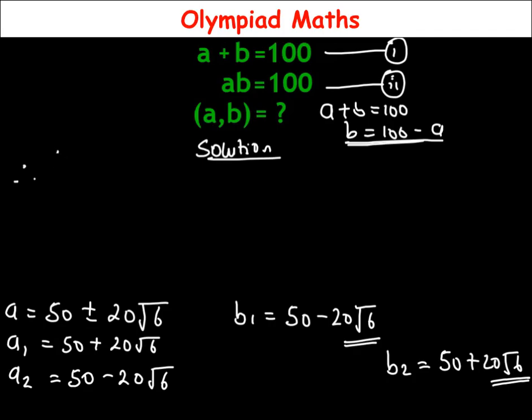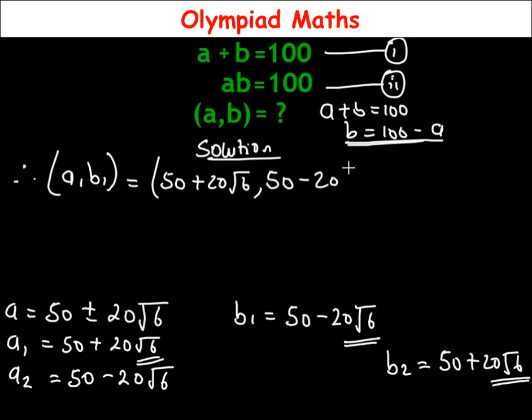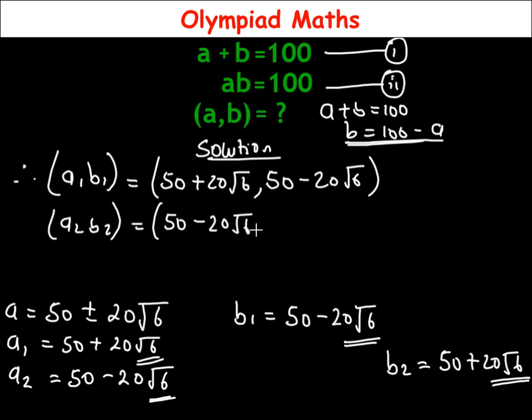Therefore, the values of a1 and b1 are, in bracket, a1 is 50 plus 20 root 6 and b1 is 50 minus 20 root 6. Also, the values of a2 and b2 are, in bracket, a2 is 50 minus 20 root 6, while b2 is 50 plus 20 root 6.